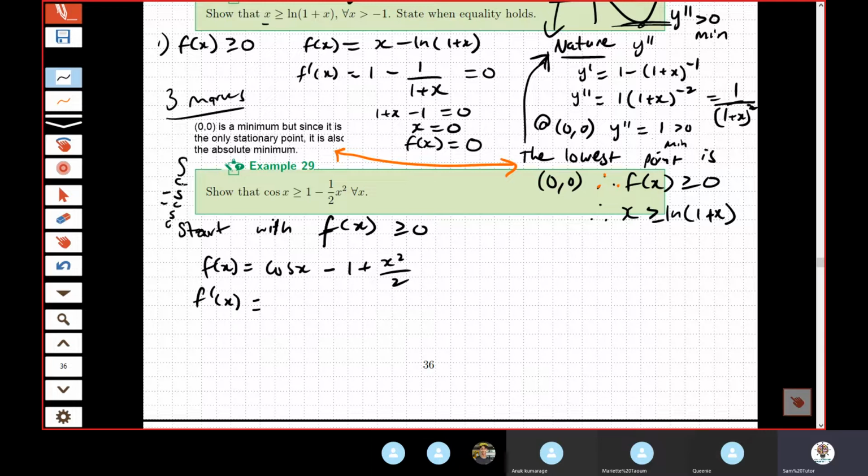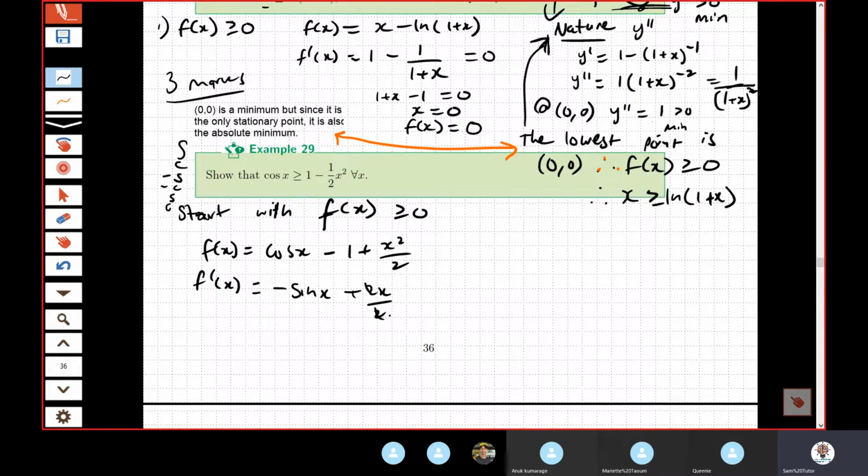The derivative of cos is negative sine x, plus 2x on 2, equal to 0. Problem.